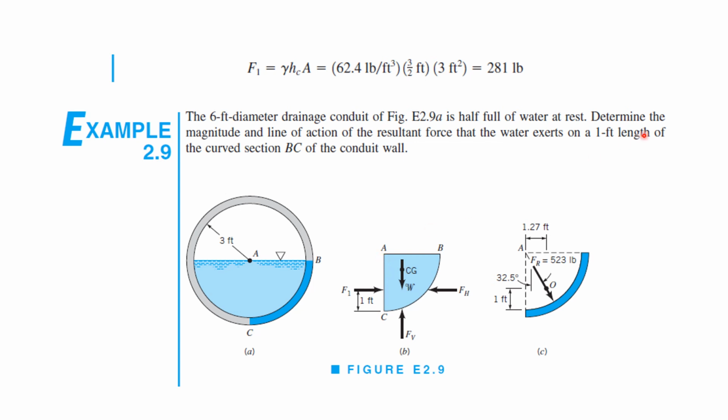AC is equal to 3 feet and 1 feet is the length of the curved section. So 3 feet multiplied by 1 feet is equal to the area, and the centroid of this rectangle is equal to 3 divided by 2, and you can find the horizontal force, which is equal to 281 pounds.